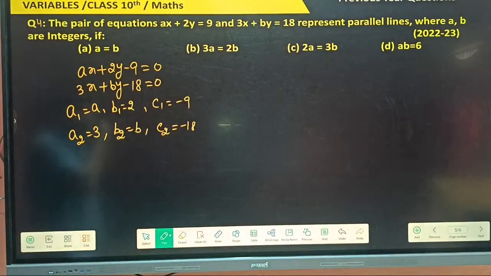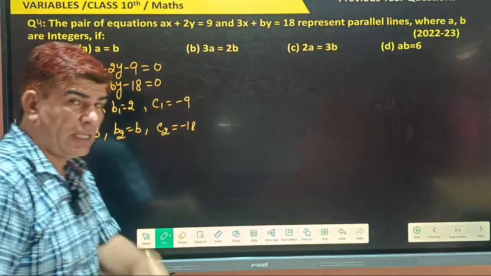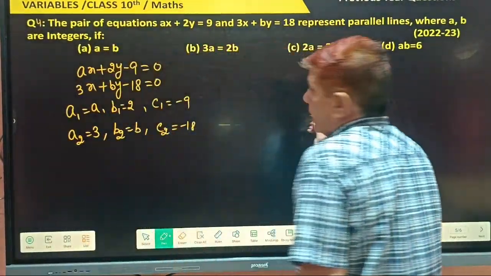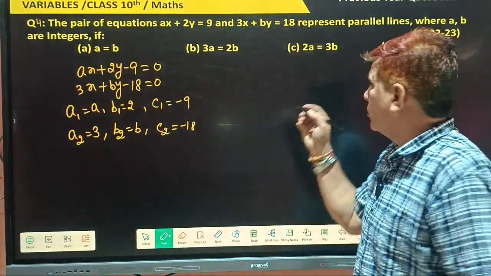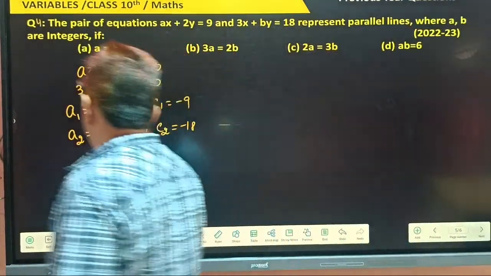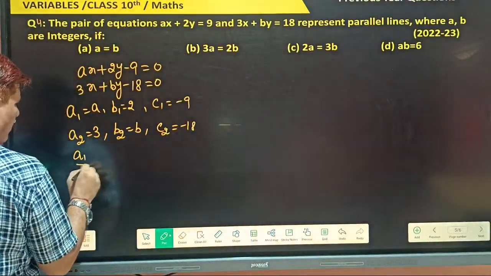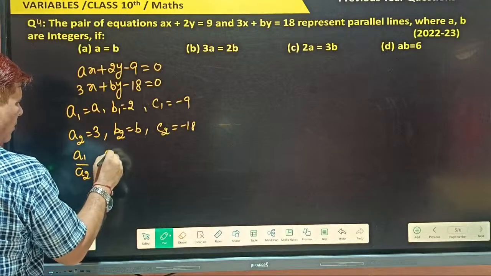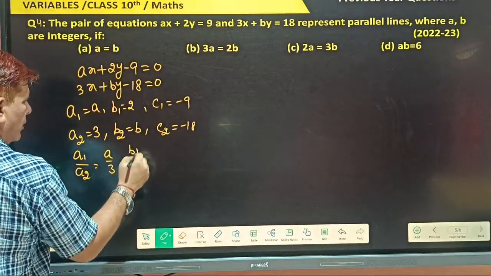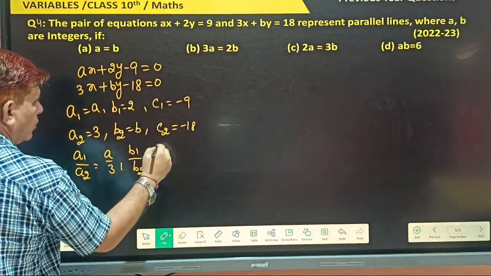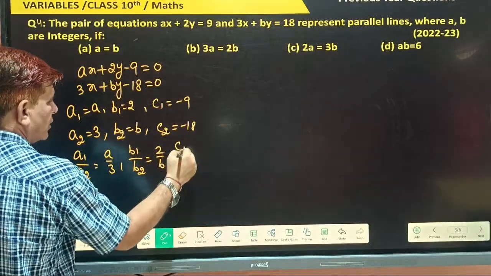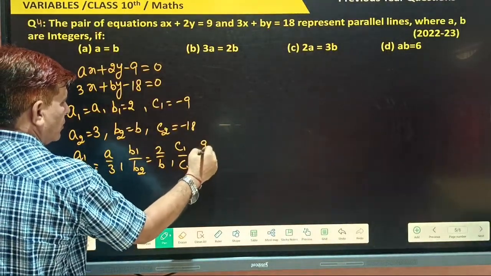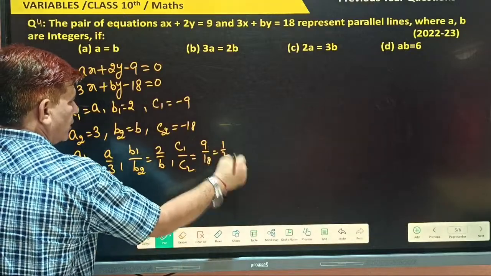So you have to represent parallel lines. Parallel lines or no solution, both are equal. So here what we need? a1 by a2, a by 3. b1 by b2, 2 by b. c1 by c2, 9 by 18 is equal to 1 by 2.